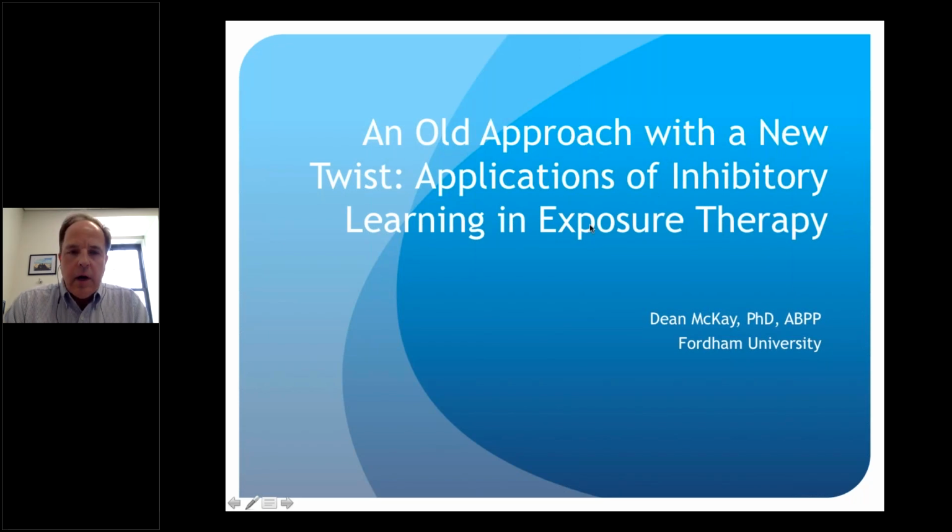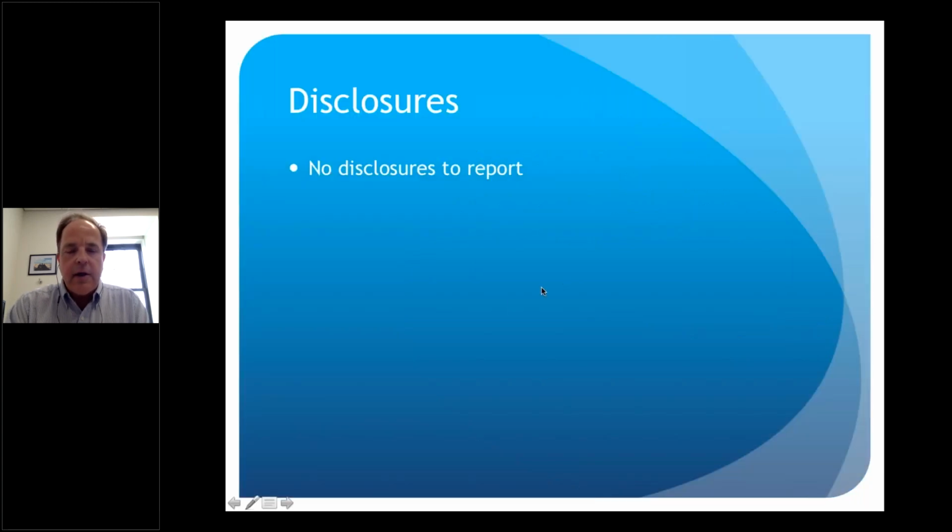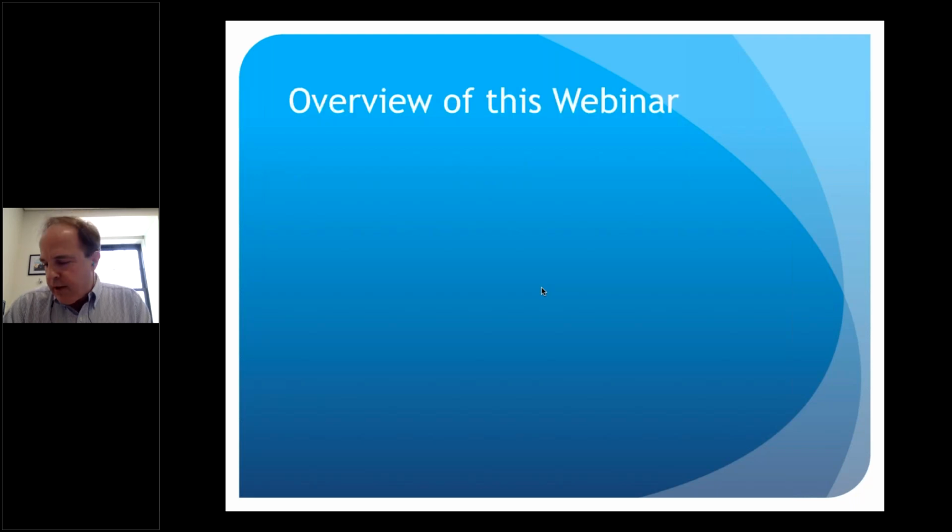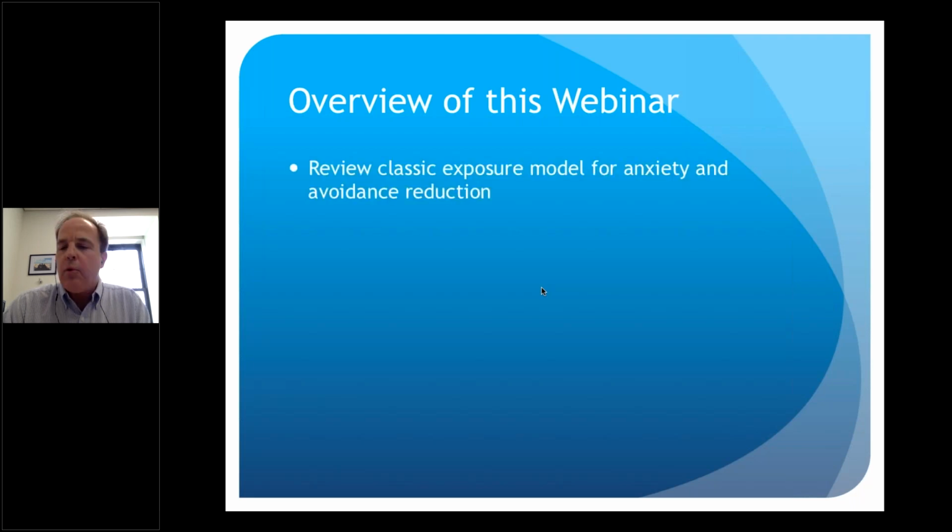Okay, so first let's get some of the disclosures out of the way. I have no disclosures to report for this presentation. And so let me just provide you a brief overview of our plan for this afternoon for the webinar. So this is a more advanced webinar, so I assume that all the attendees have some familiarity with exposure. But nevertheless, I'm going to spend a few minutes reviewing briefly the classic exposure model for anxiety and avoidance reduction.